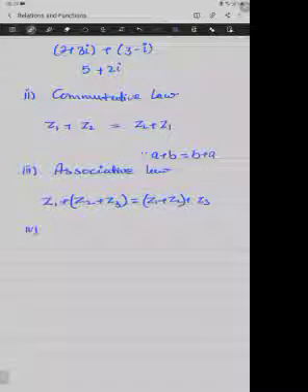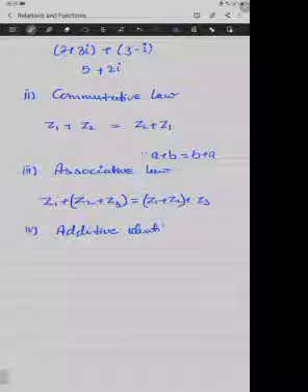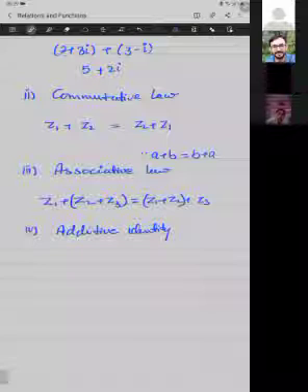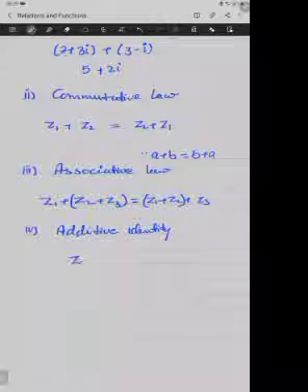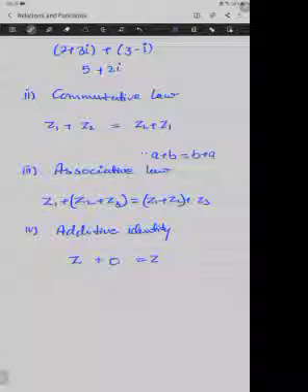Fourth property. This is said to be additive identity. Additive identity means if we add 0 to a complex number Z, then it remains Z. Means what number should be added to the complex number so that it remains the same?